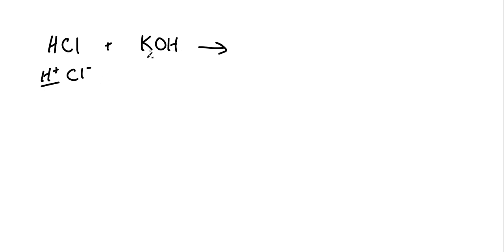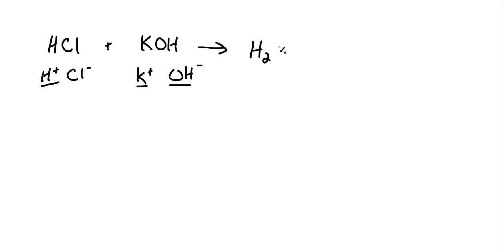Now, before we deal with this, let's look at this. This is potassium hydroxide. This is an ionic compound. It's got a metal in it. Potassium is a metal. So potassium is going to, just when it becomes aqueous, naturally form potassium ions and hydroxy ions. Now, this hydrogen is going to naturally go with our hydroxy ions.